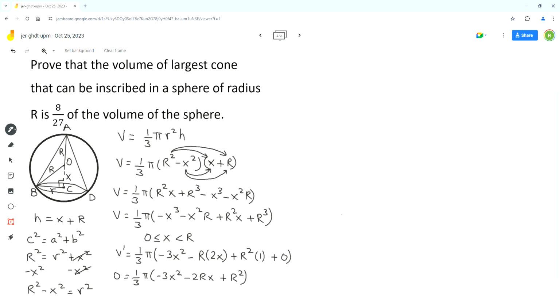This is a quadratic equation in terms of x. We can factor this equation. We can start by doing common factoring. We can factor out the negative sign. That will make 1 over 3 pi negative.